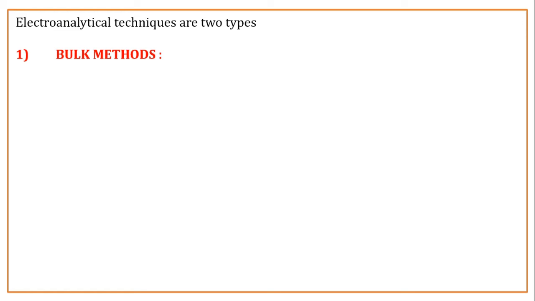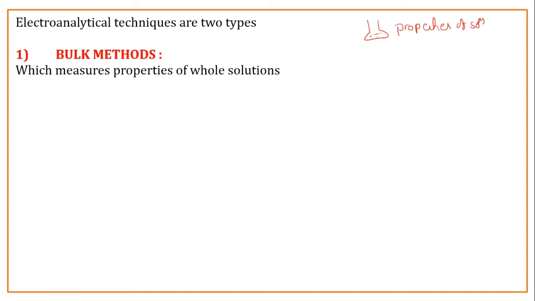In the bulk method, we are going to measure the properties of the whole solution. When you take a solution, for example in a conical flask or a beaker, we measure the properties of the whole solution.